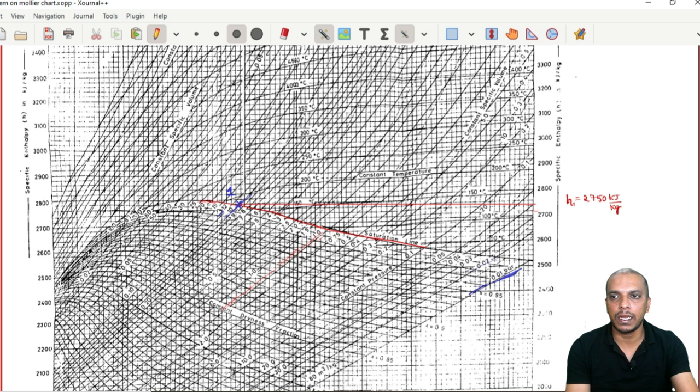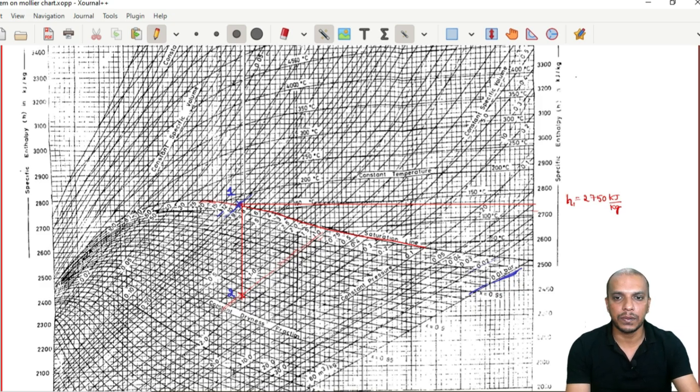So, we drop a vertical line to that point. This is the point 2 which we are talking about.